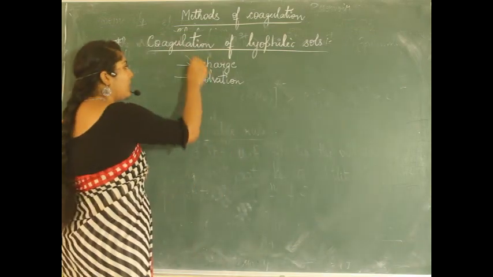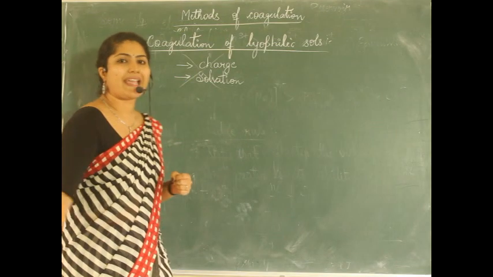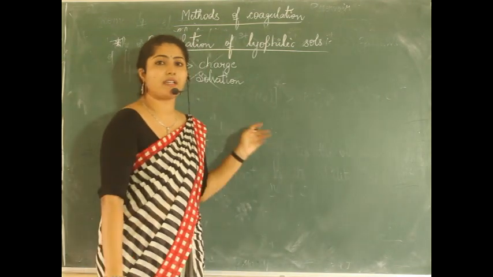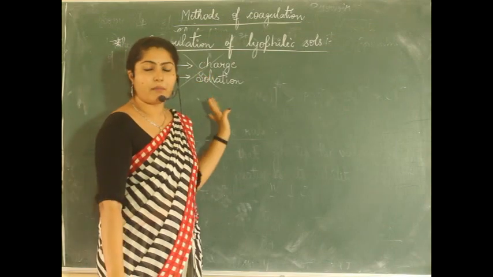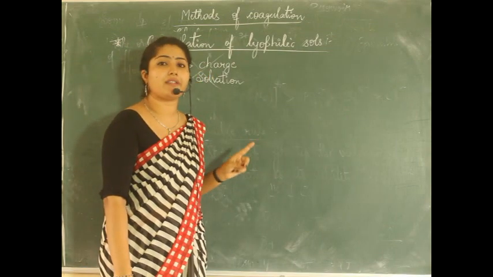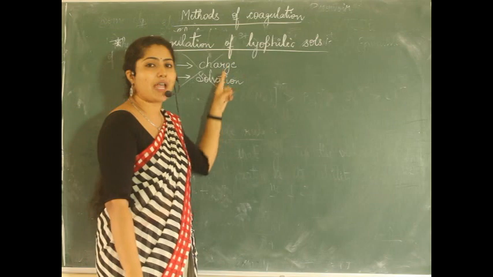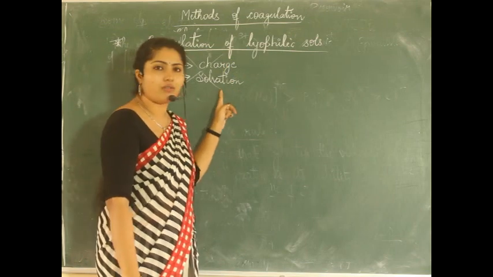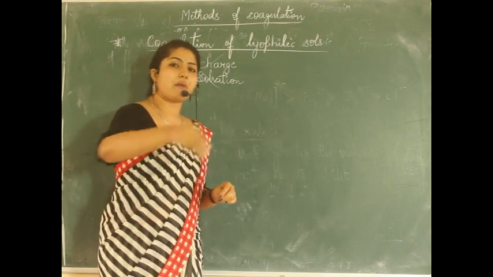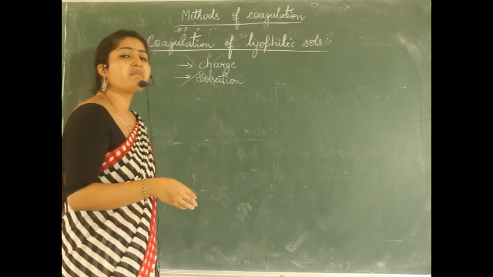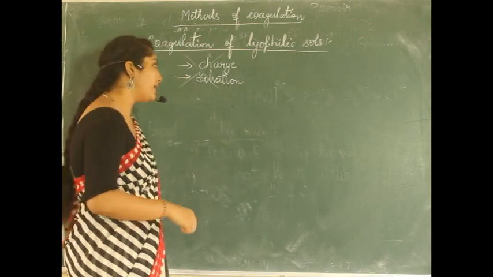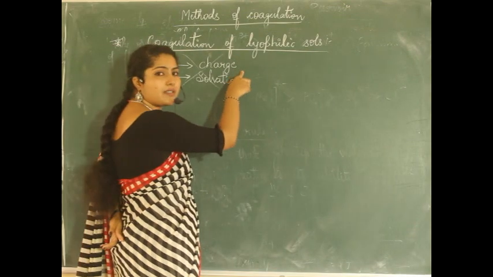We have to cancel this effect, or we have to decrease these effects. How? So remember, the reasons for the stability of lyophilic sols are charge and solvation. Solvation, you know, right? To what extent it can be miscible with the given solvent. It can be mixed with the solvent evenly.